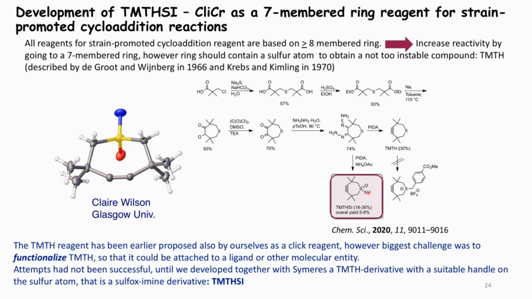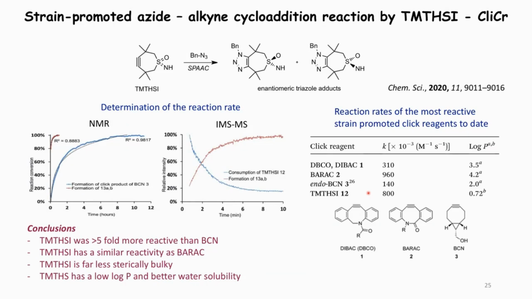But the handle was the crux for making the right derivatives. Now, of course, you first want to know how reactive this particular compound is, and we determined that in collaboration with Hans Ippel of the University of Maastricht. We looked first at the NMR, and to our pleasant surprise, this molecule was very reactive.